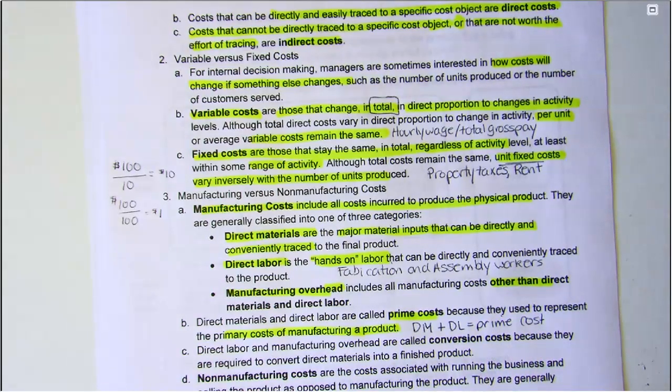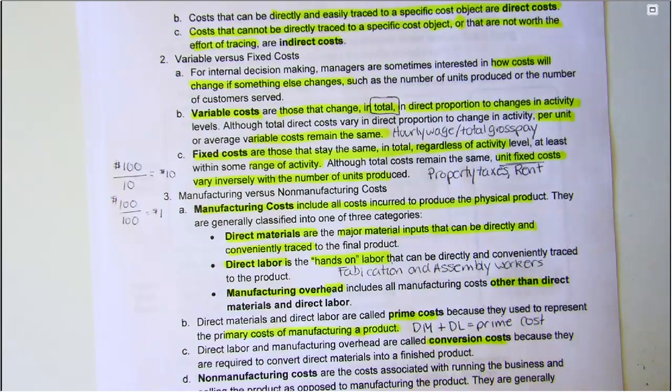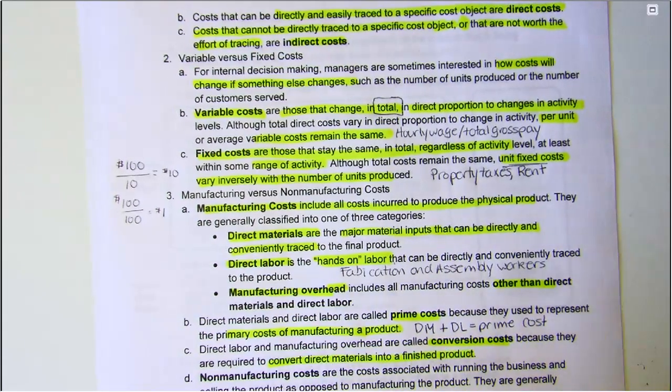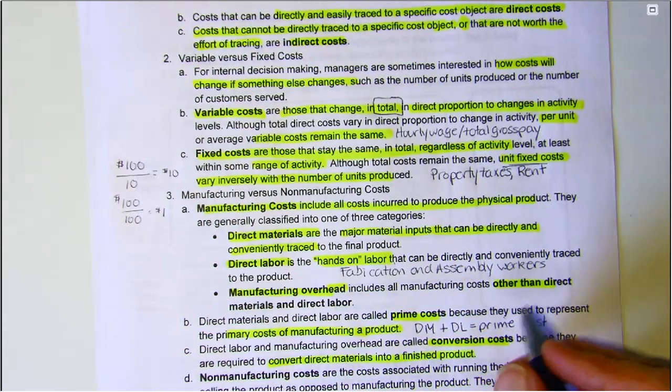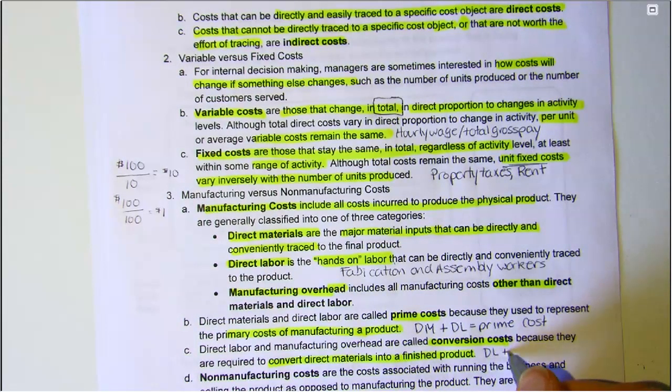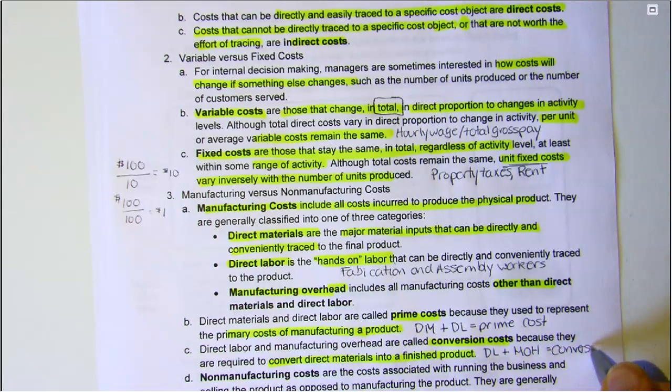When you take direct labor and manufacturing overhead and add those together, those are called conversion costs because they are required to convert direct materials into a finished product. So that's direct labor plus the manufacturing overhead. That gives you your conversion costs.